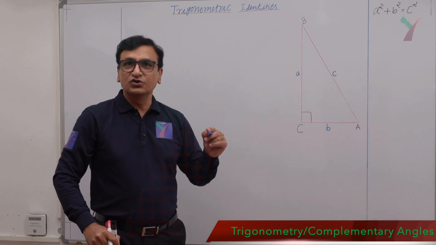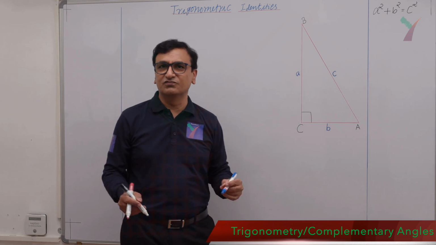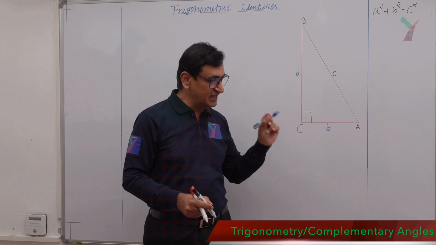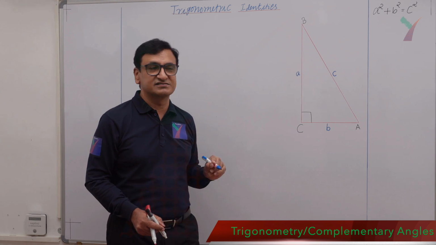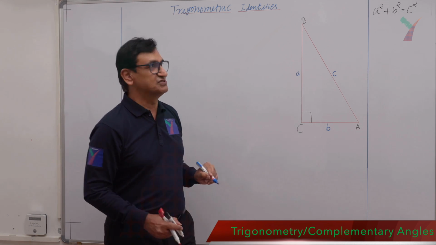Now, I'm going to use the distance formula, which is derived from this Pythagoras Theorem obviously, and I'm going to use the distance formula extensively in my next step in the derivation of the trigonometric identities. So let me list out the distance formula also for the sake of completion.